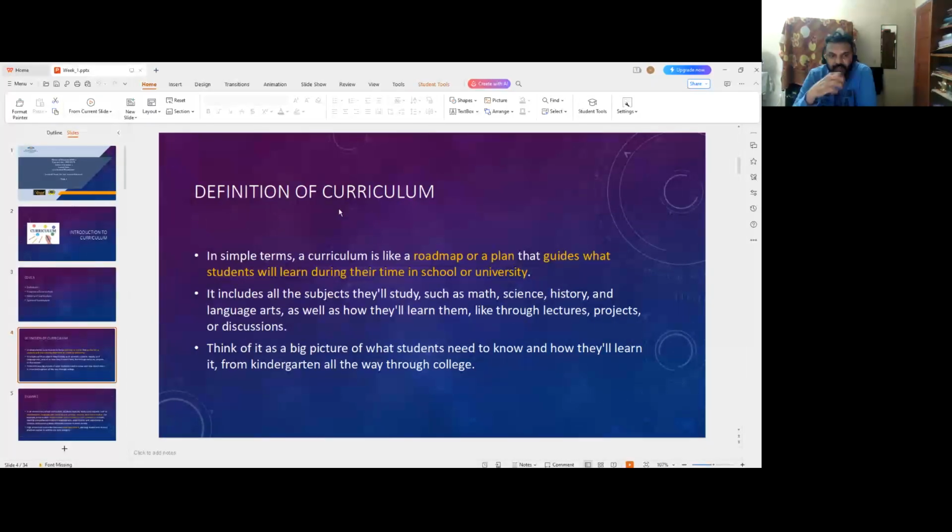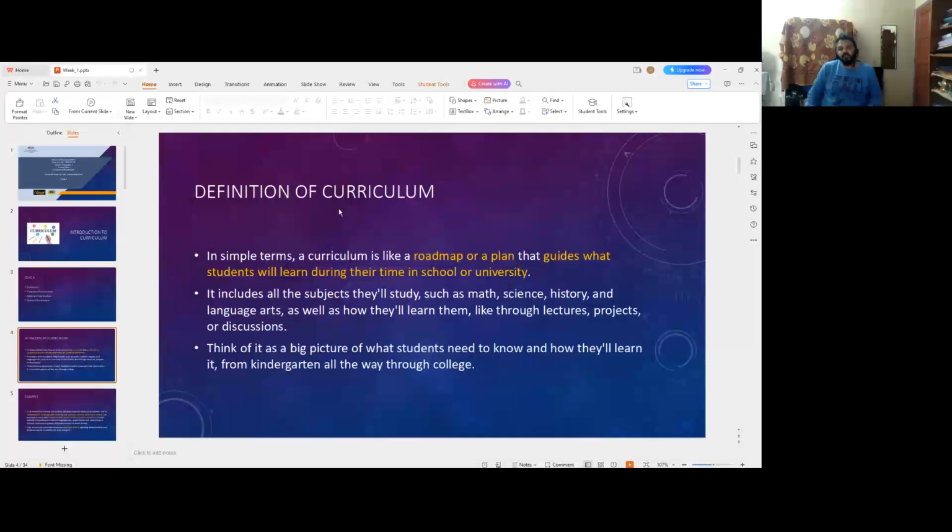Another definition is that the curriculum includes the subjects, like science, mathematics, history, English, Malay language, whatever. What I mean is that it is a subject in a curriculum with specific aims and objectives. As students, we need to know how we will learn from kinder up to the university.